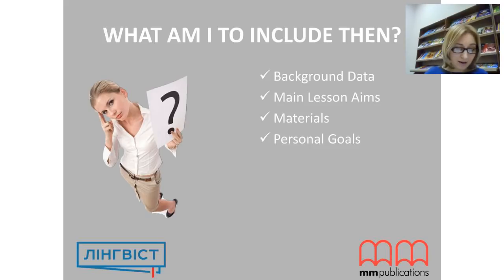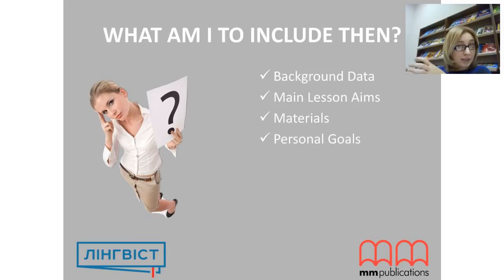Then the next thing, they are personal goals. When we write the plan, that's not only about our students. That's also about us. And personal goals, this is how we can improve our teaching style. From lesson to lesson, we can trace our mistakes, notice advantages as well as disadvantages, and also correct them. For instance, I know that sometimes my teacher talking time can be too much when we speak about some topics.